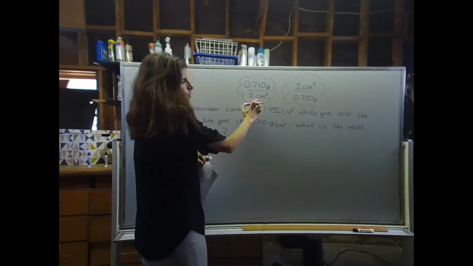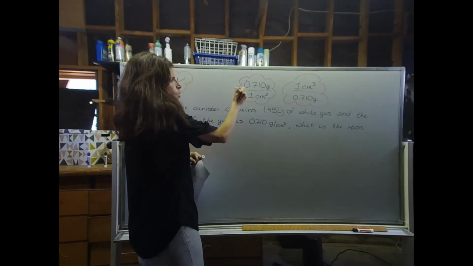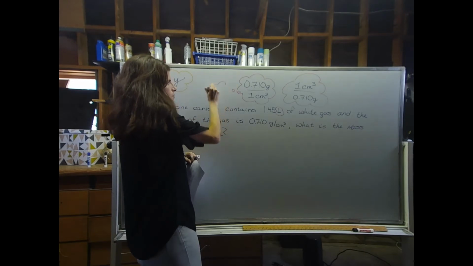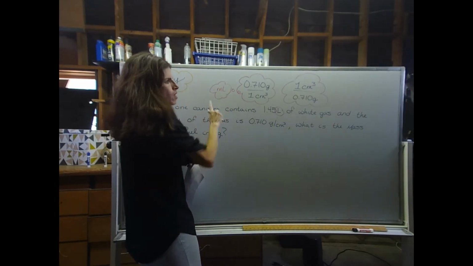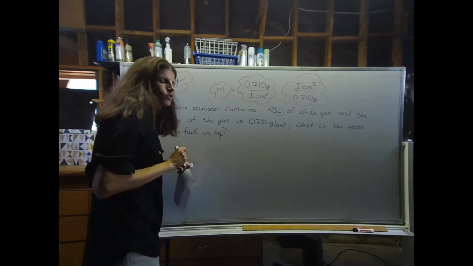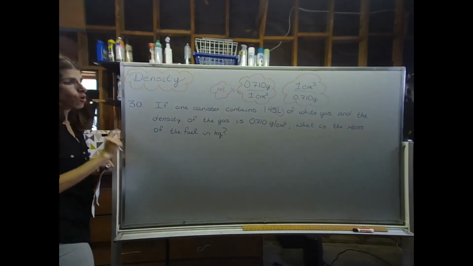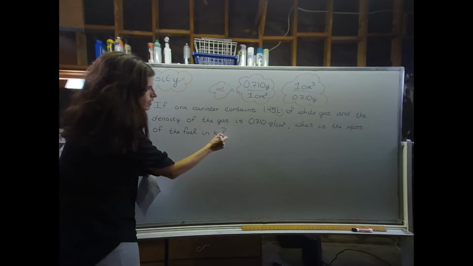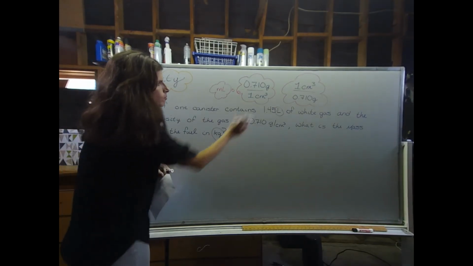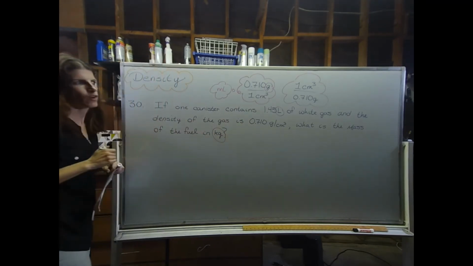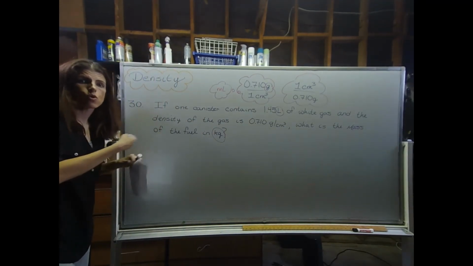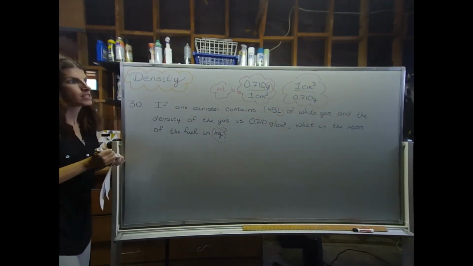So here we have cubic centimeters, or we might be thinking about milliliters over there. But we're starting with liters. And then over here, we're in kilograms, but in our density, we have units of grams. So we're going to have to do quite a bit of converting to make this work out.